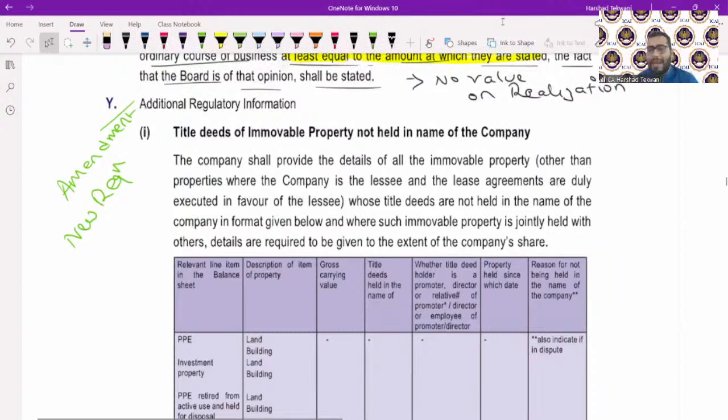Even if, for example, I have shown the full amount, say someone is asking me 100 rupees and I have provided 100 rupees, but I still dispute it, then it is provided fully but it is a disputed one. If someone is asking me to pay the trade payable and I say I will not pay and have not acknowledged that amount as a debt, that will be shown as claims against the company. Clear?